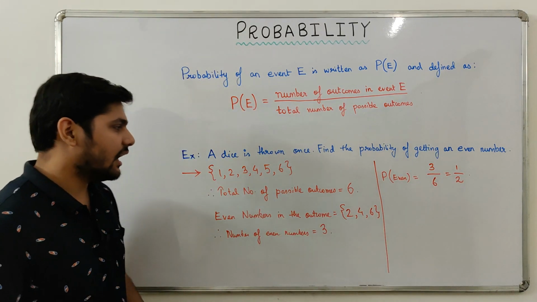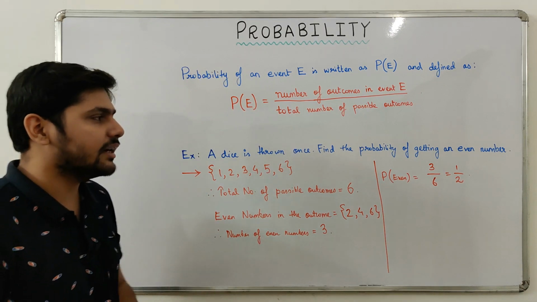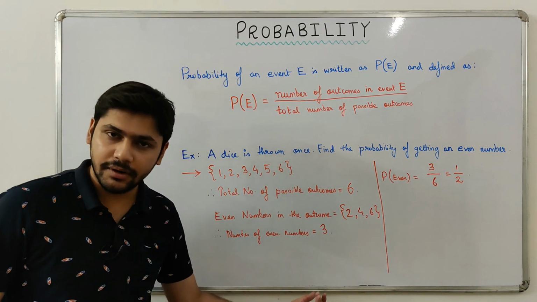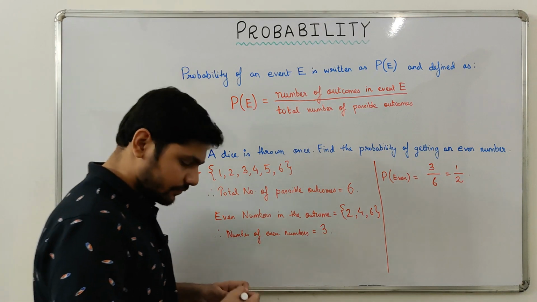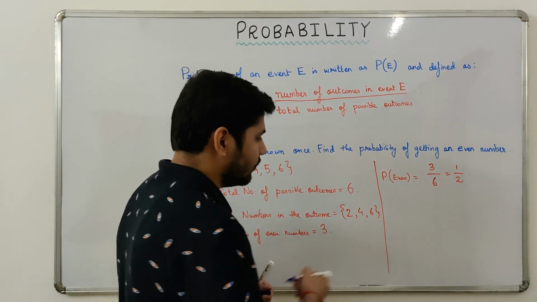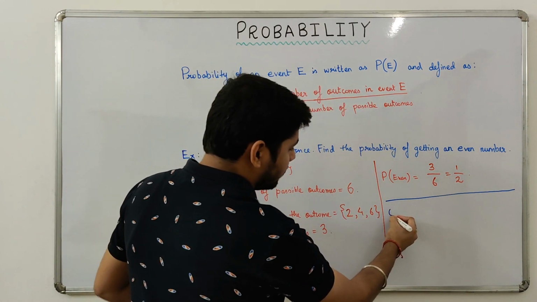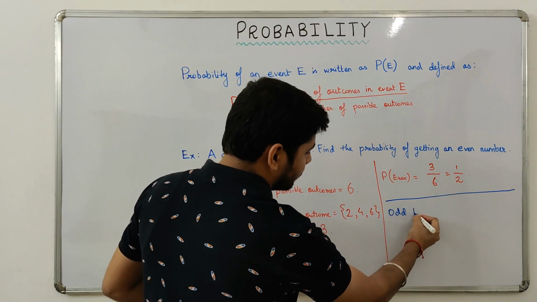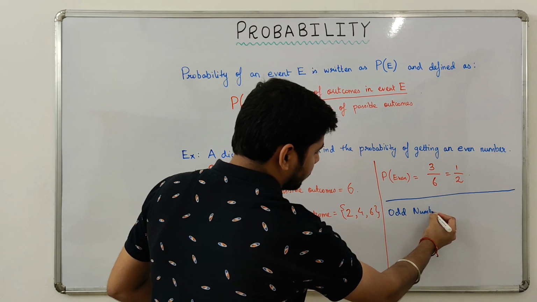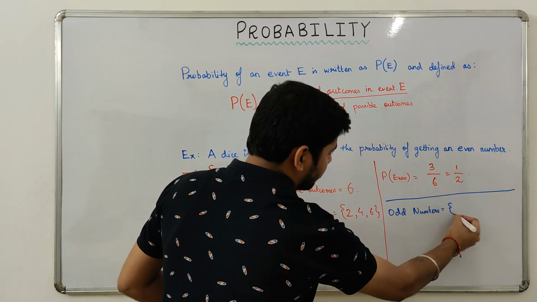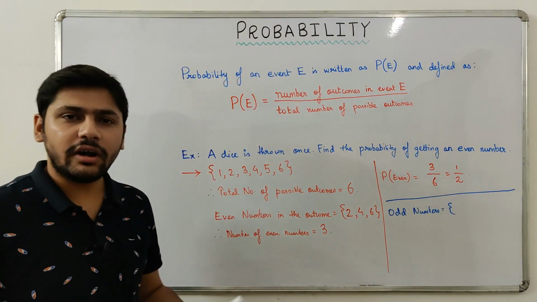Simple. Now in a similar way we can also calculate the probability of getting an odd number. Let's do that also. So it won't require much space. So odd numbers in the outcome, what numbers are odd?